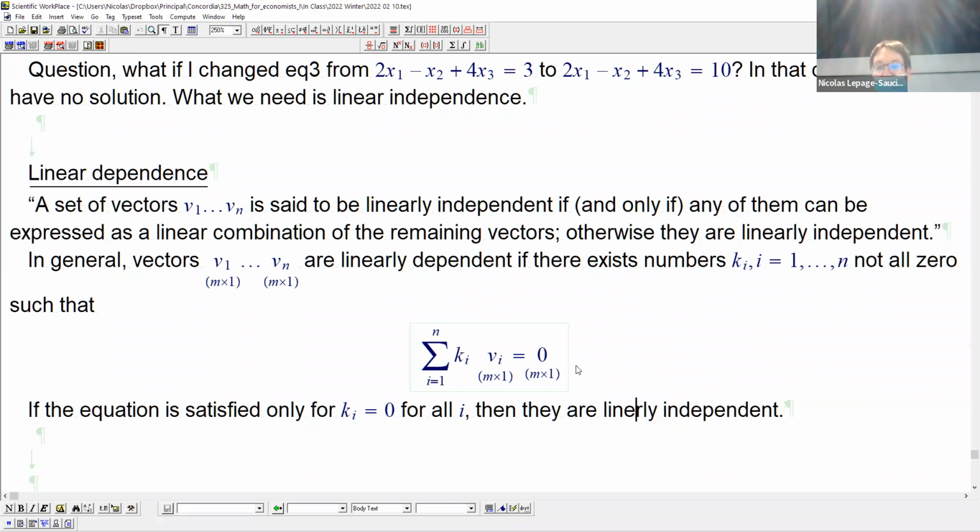Because obviously, if I use all zeros, then 0 times the first one plus 0 times the second one plus 0 times the third one, of course I'm going to get all zeros. So the interesting thing is if some ki's are non-zero, and I can combine them and obtain zeros.